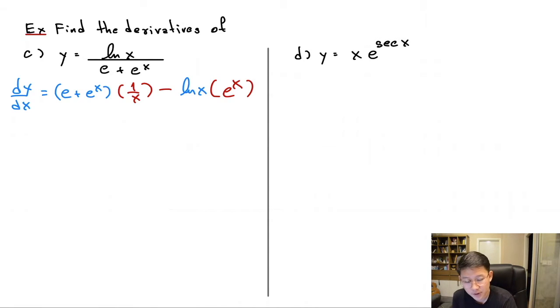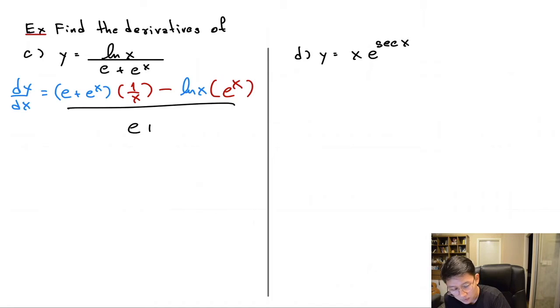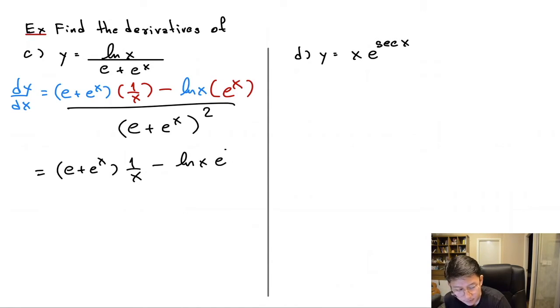But the derivative of e to the x is e to the x. Okay? Divided by low. So the answer is e plus e to the x, 1 over x minus log x e to the x.